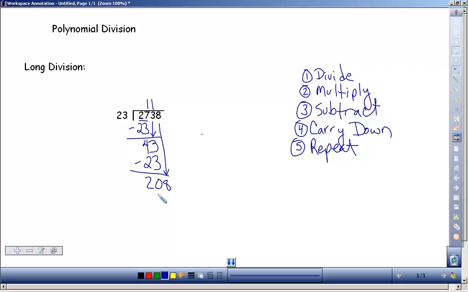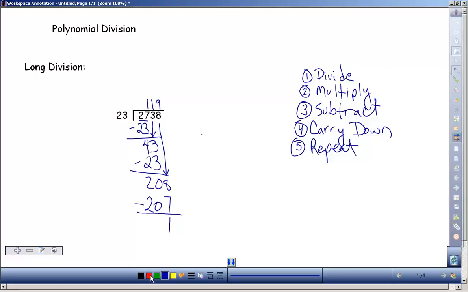Let's see, it's not going to be 10. It might be 9 though. Let's check and see. 9 times 23 is 207. When I subtract, that's going to leave me with 1. I would carry down, but now I have nothing left to carry down.